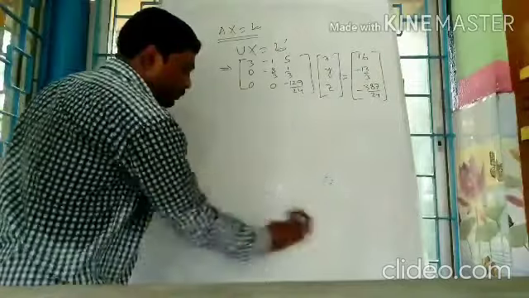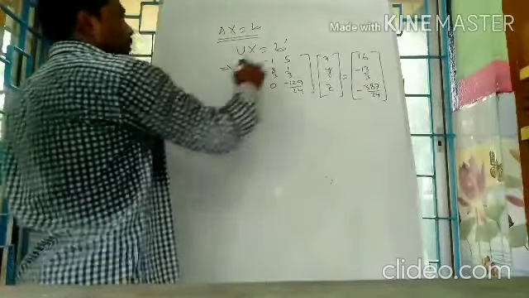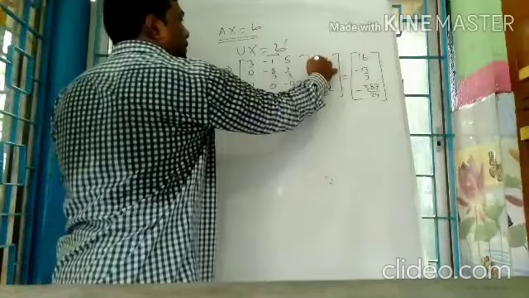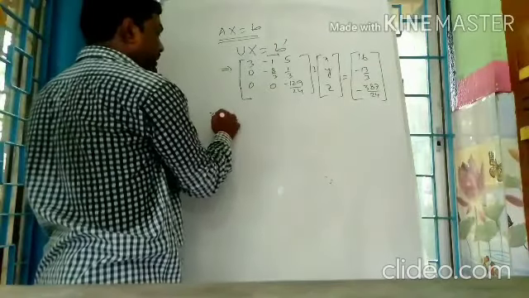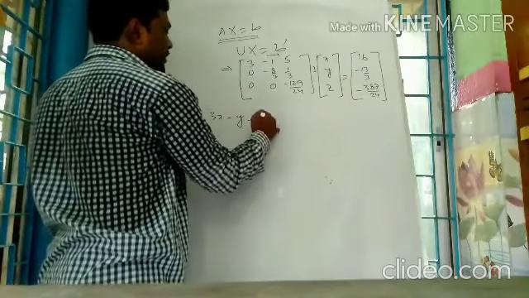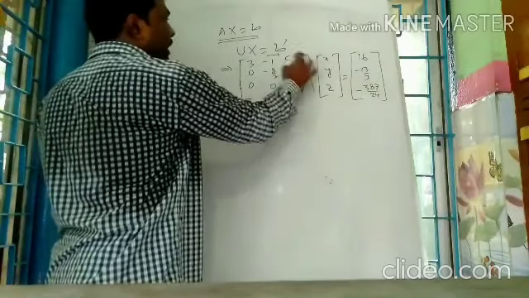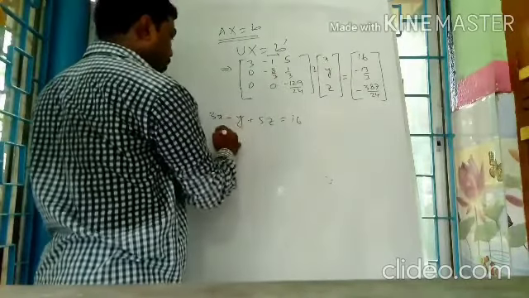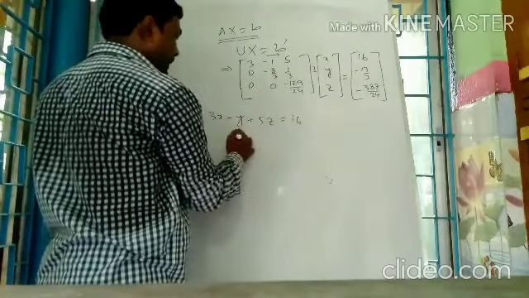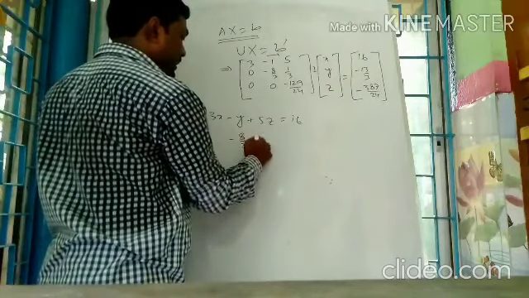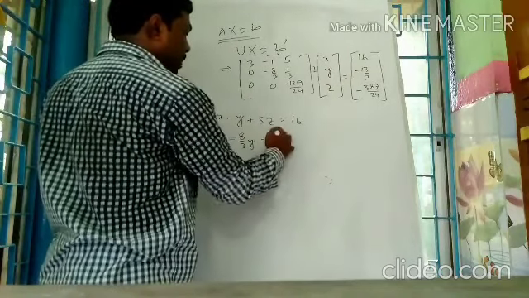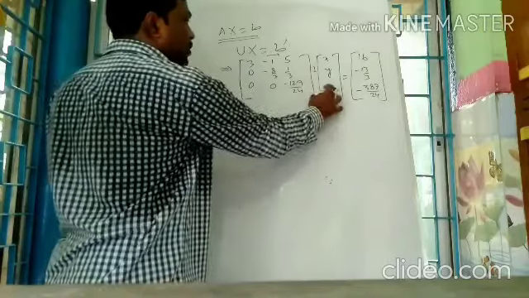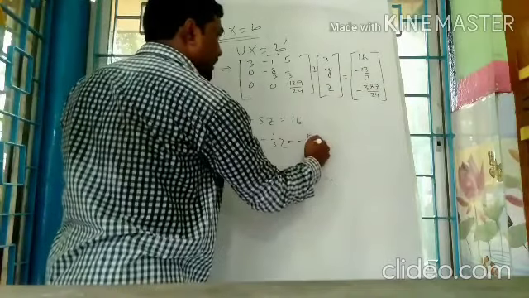Okay. Now matrix multiplication. So it is 3x - y + 5z = 16. Next, 0x - 8/3 y + 1/3 z = -13/3.